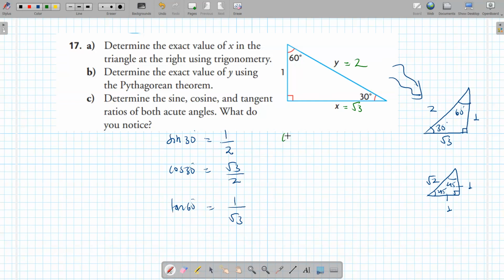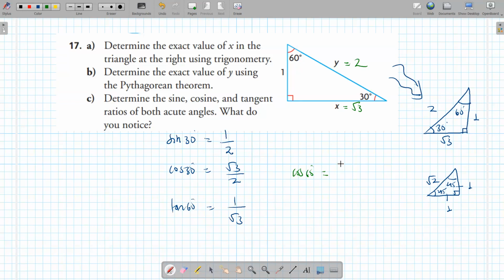Similarly, what's cosine 60? Maybe I should write it down here. Cosine 60, from that triangle we have up there. The square root of 3 over 2. Cosine 60 would be, so the adjacent to 60 is what? 1 or root 3? It's 1.